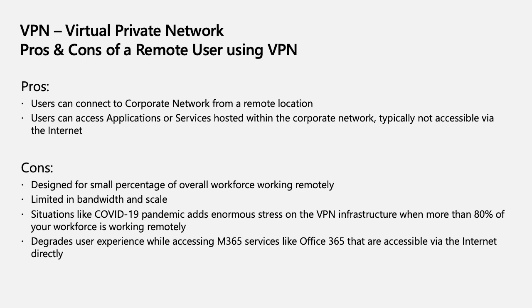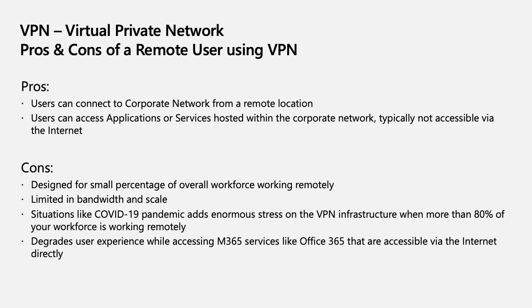Now to the cons. A VPN is designed for a small percentage of your workforce. So this means the VPN is limited in scale and bandwidth. When you have situations like the COVID-19 crisis where you've got 80% or sometimes more than 90% of your workforce connecting from remote locations, this adds a lot of stress to your VPN infrastructure.